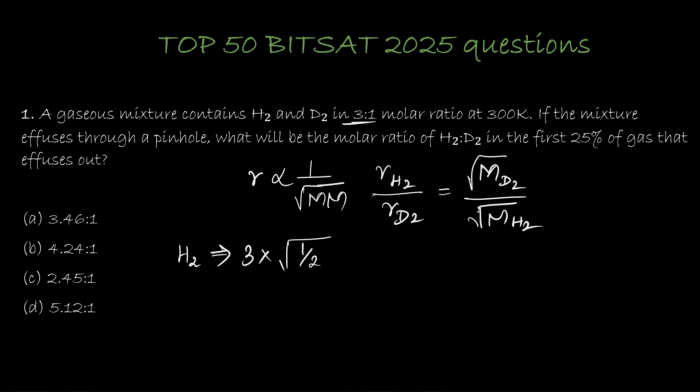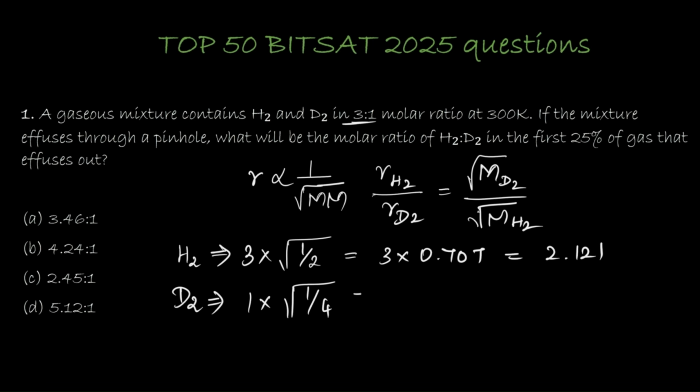So 1 by root 2 will give you 3 into 0.707, that is 2.121. Similarly for D2, it becomes 1 into 1 by root 4, so 0.5 gives 0.5. The total effusion is 2.121 plus 0.5, totally 2.621. Correct?